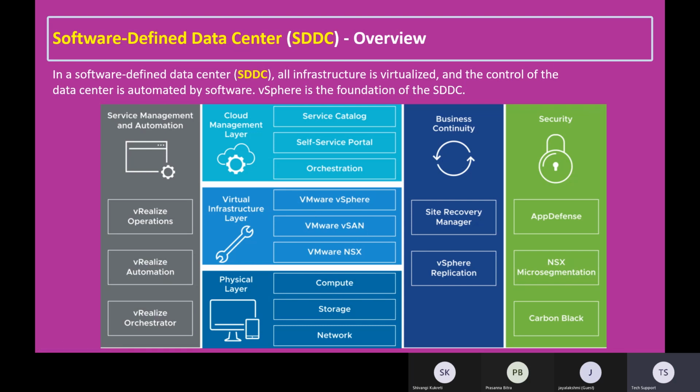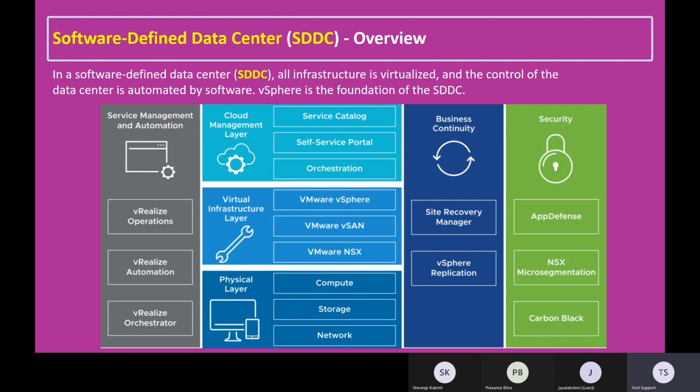We are mainly focusing on the VMware products, but not only VMware, even among third party software we have some competitor products for VMware. But compared to third party competitor products, the current market leading server virtualization product is VMware vSphere. That's the reason we are learning VMware. Even for VMware vSAN there is a competitor product like Nutanix AOS, Acropolis operating system.